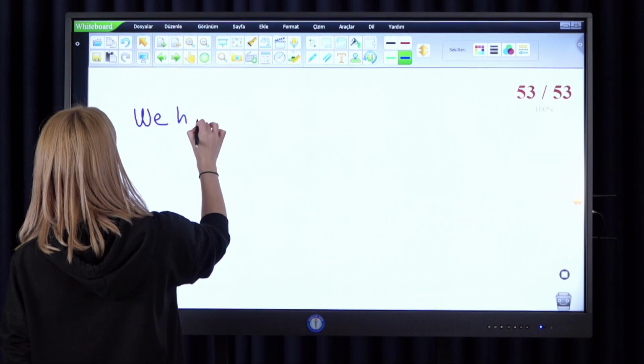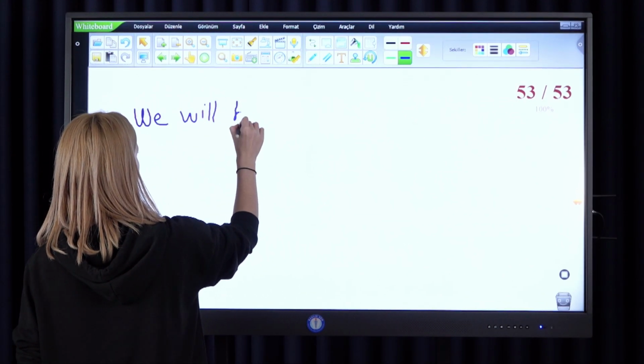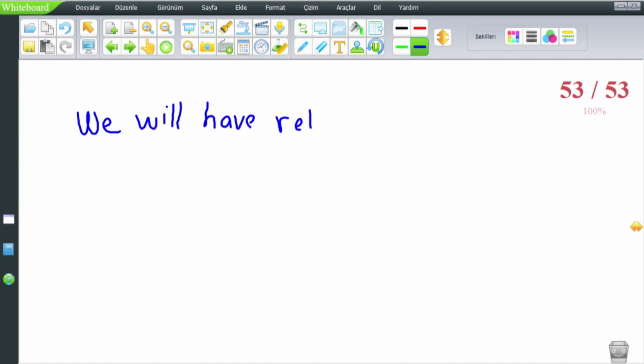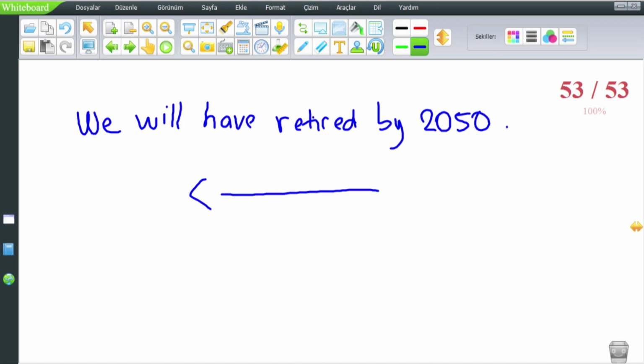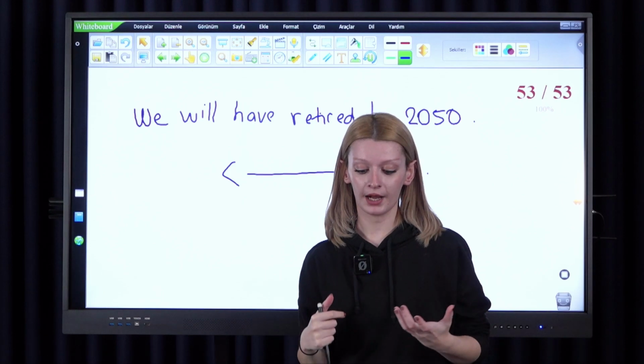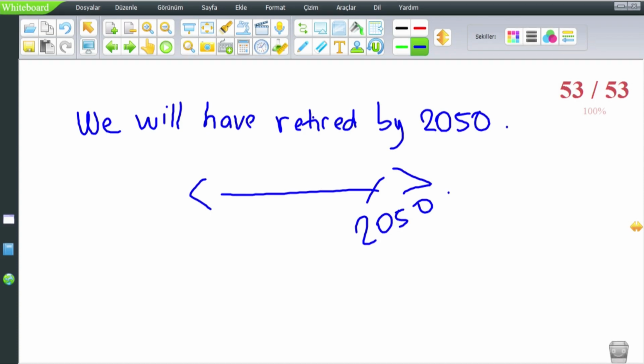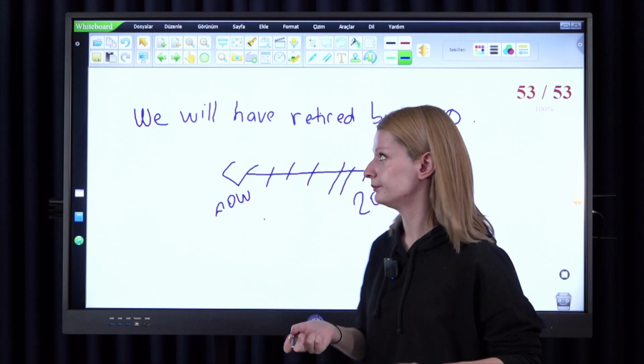We will have retired by 2050. Now this one, it's a far prediction, but my time limit here is 2050. And this is now. Around somewhere here, again, we will have retired. The action will be done.